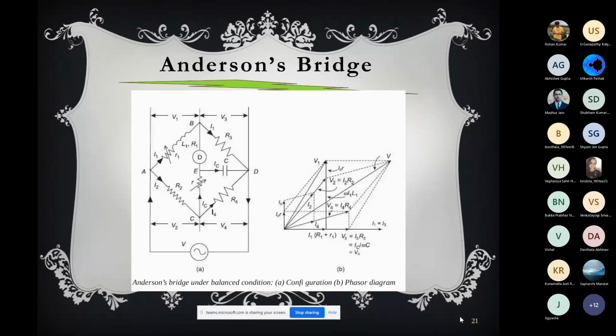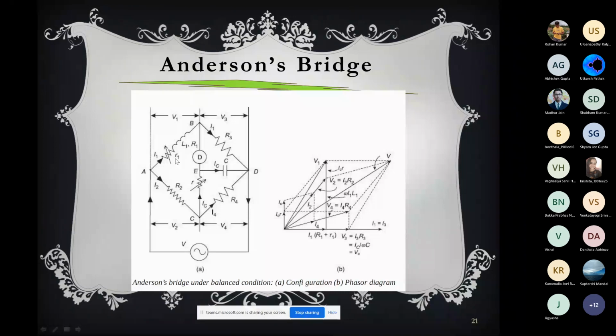You see that in the Anderson bridge there are four arms, but after that, with the detector, there is another resistance attached, and it is balanced with the capacitance. In arm AB, there is inductance L1 and the resistance R1 associated with it, and small r1 is another resistance which can be varied.